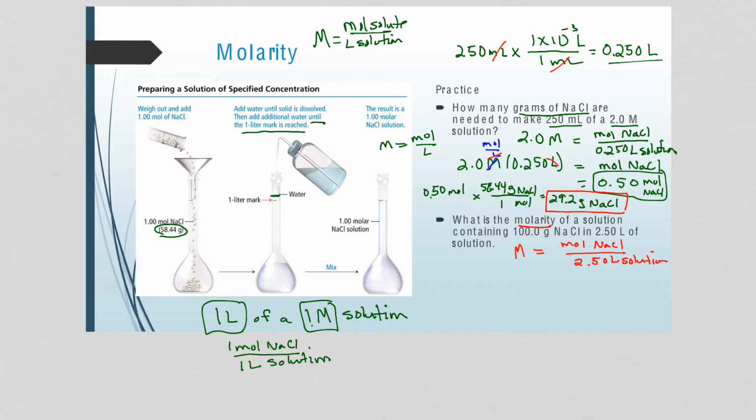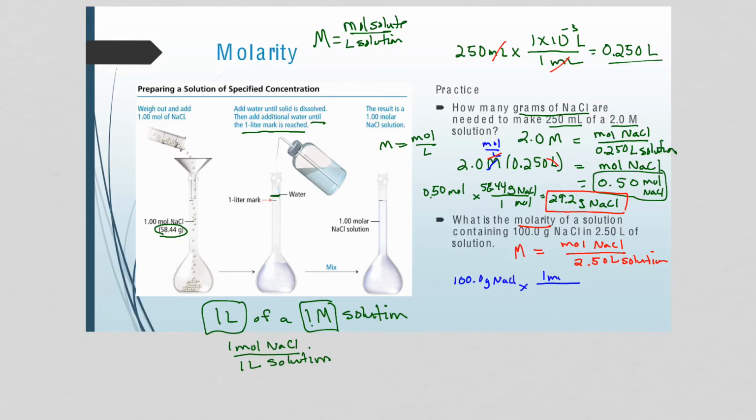So let's just start off here by converting my 100.0 grams of sodium chloride into moles. As we've been doing, we're going to do that by dividing by the molar mass.